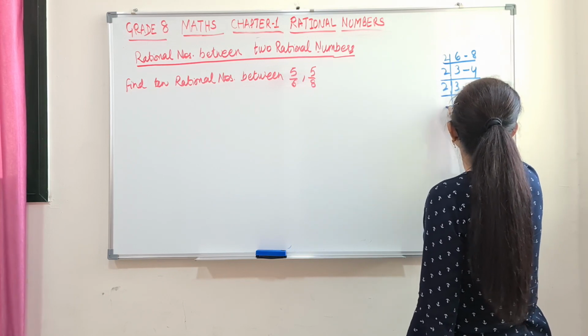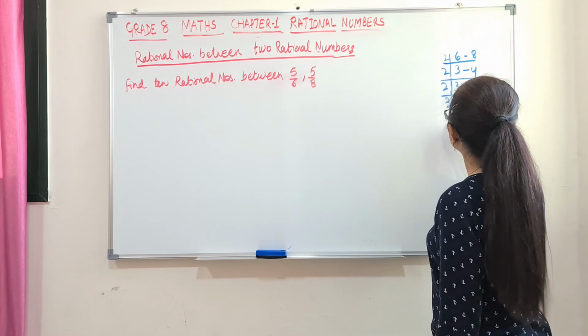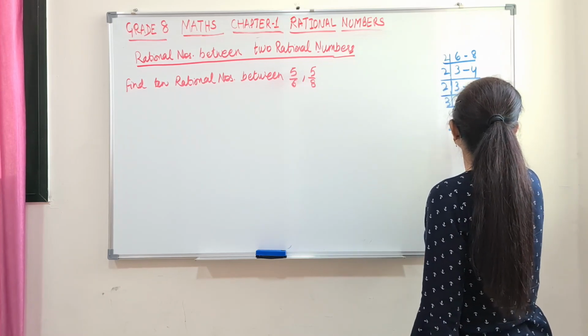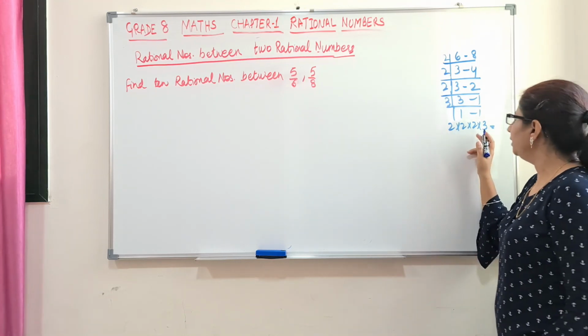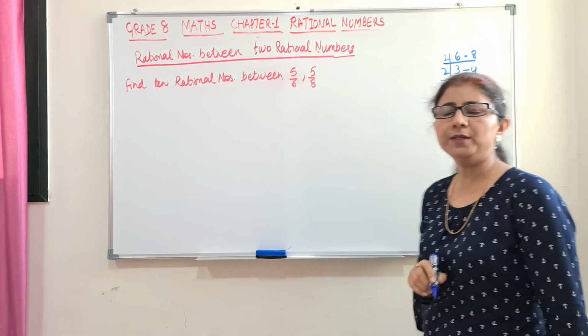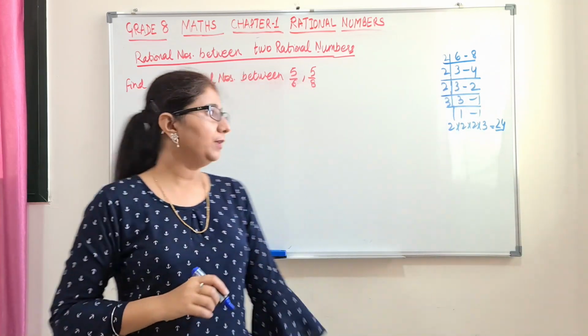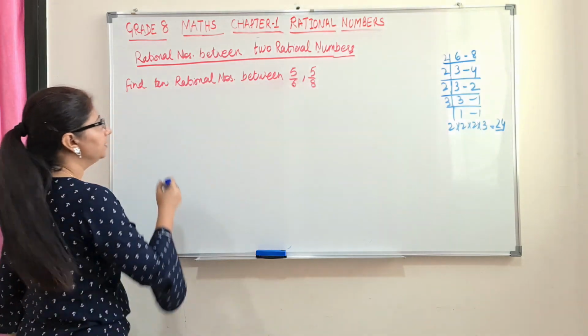Again 2, and then 3. So what is the LCM? 2 into 2 into 2 into 3. 2 into 2 is 4, 4 into 2 is 8, 8 into 3 is 24. So the LCM is 24.